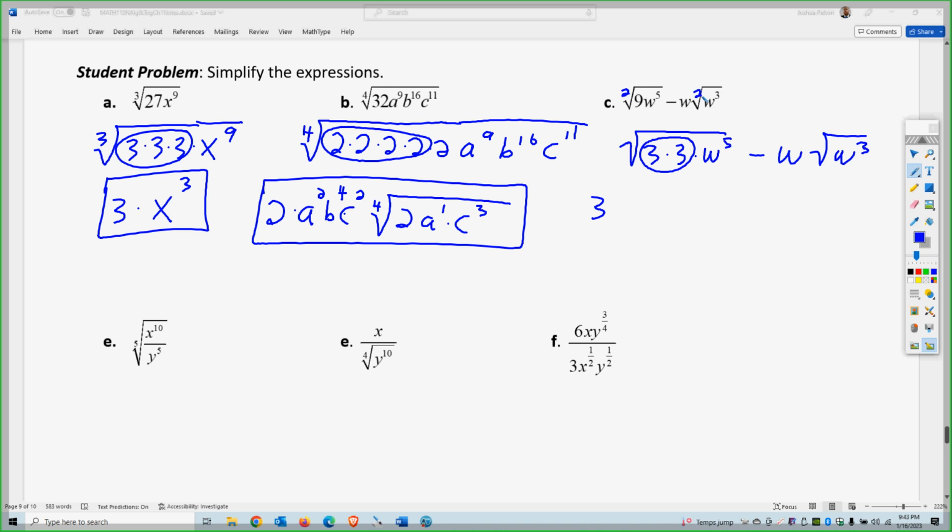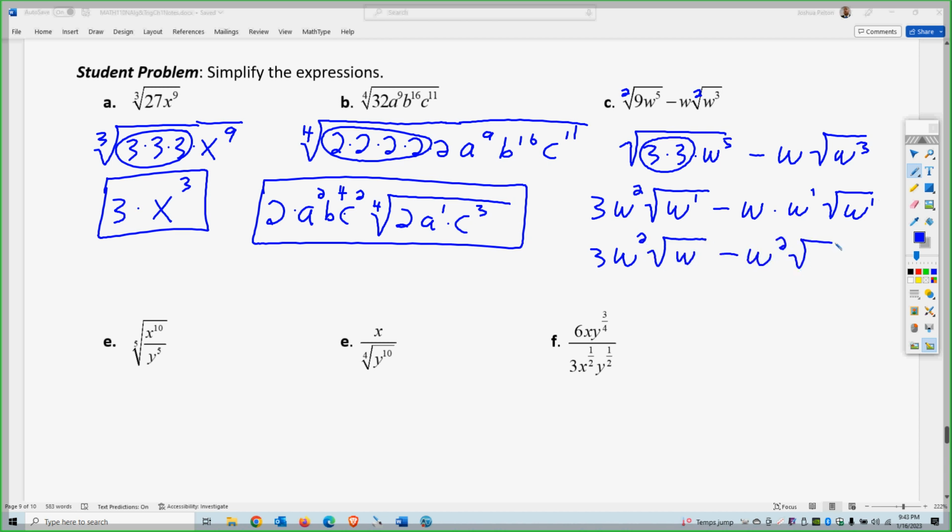So 5 divided by 2 is 2, and there's 1 left over. 5 divided by 2 is 2, 1 left over. Minus 3 divided by 2 is 1, and there is 1 left over. Okay? All right, so this is 3w squared square root of w minus w squared square root of w.